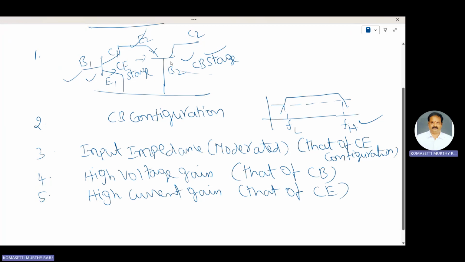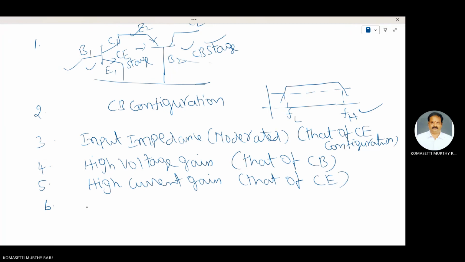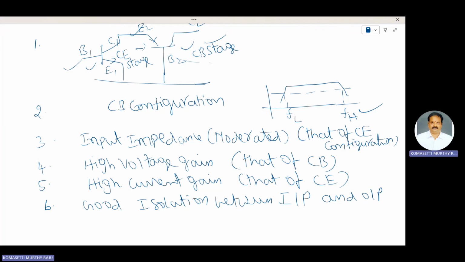Good isolation between input and output. Since there is no direct coupling from output to input, the cascode improves input-output isolation, reducing reverse transmission.